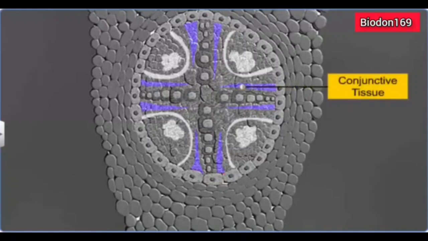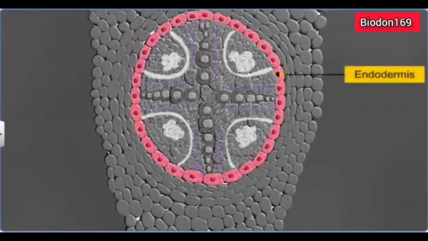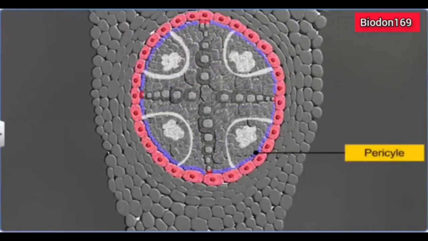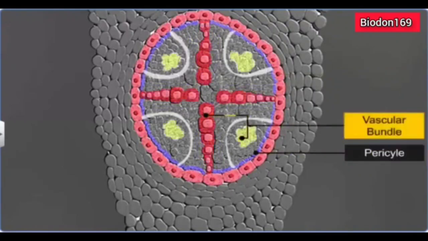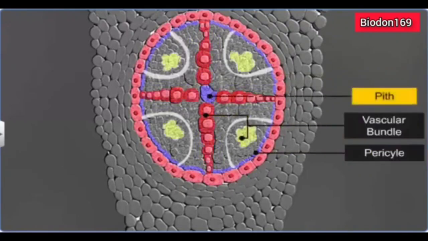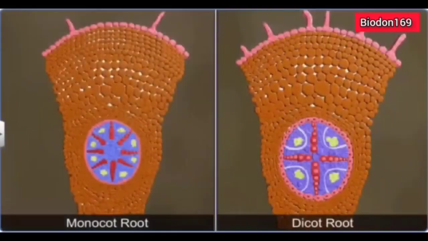The tissues present inside the endodermis, namely the pericycle, vascular bundles, and pith, are collectively known as stele. Let's now take a look at how the monocot root is organized internally.